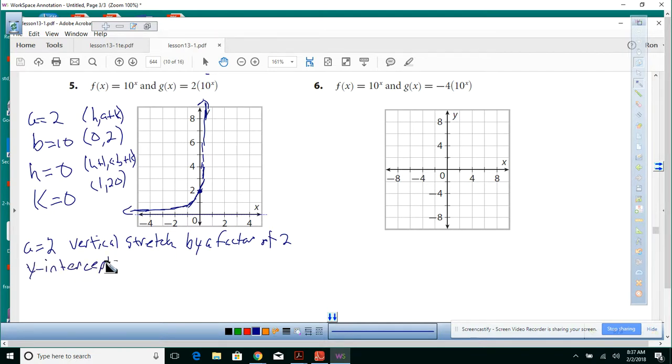We've already found it, and that's going to be y equals 2. The domain is going to be all real numbers, and the range is going to be y such that y, a is positive, so it's going to be greater than, k is 0, and there we go.